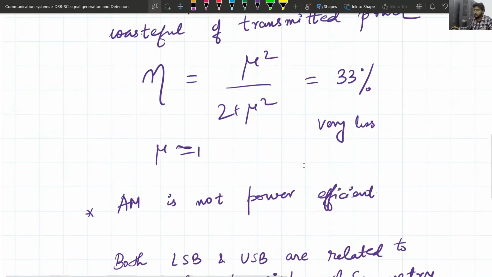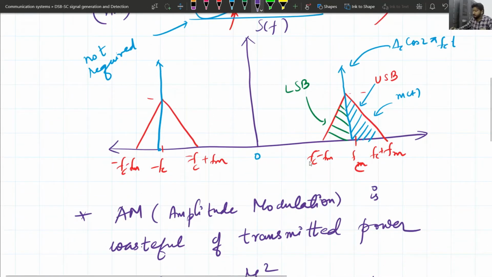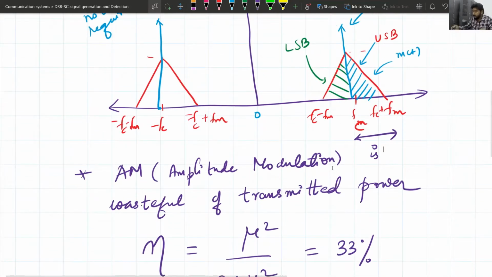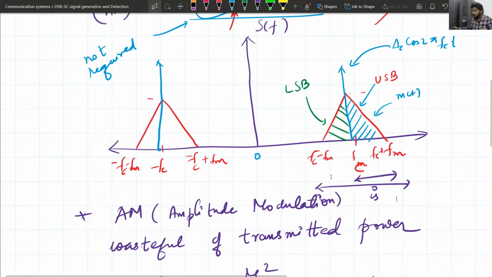That means if we have the knowledge of any one sideband, we can easily determine the other sideband because they are symmetrically related to each other. That is the total bandwidth at the receiver end.